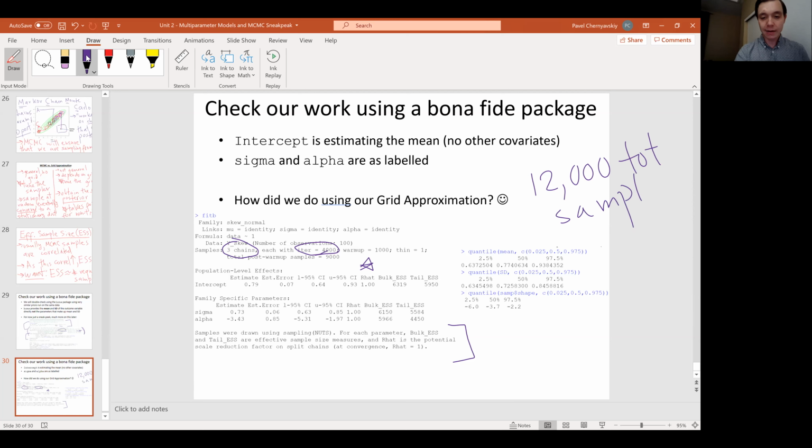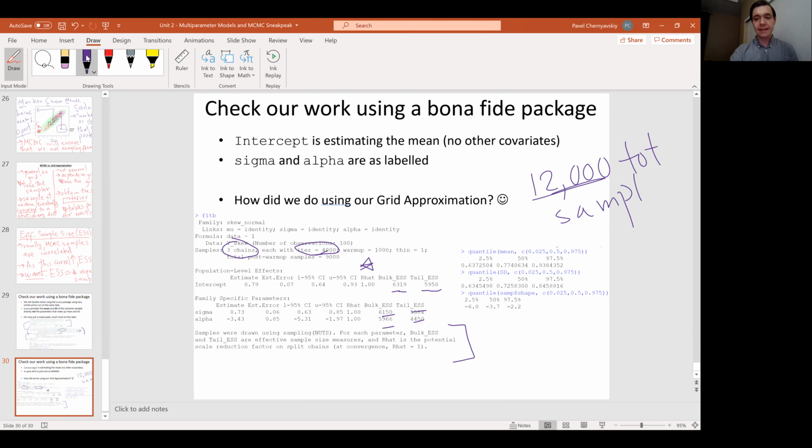What I got in my effective sample size is more like 5,000 to 6,000, which is still great. If you're getting 5,000 to 6,000 independent pieces of information about your parameter, you can build a nice distribution, take various percentiles, have a good sense of that 2.5 and 97.5 percentile, etc.